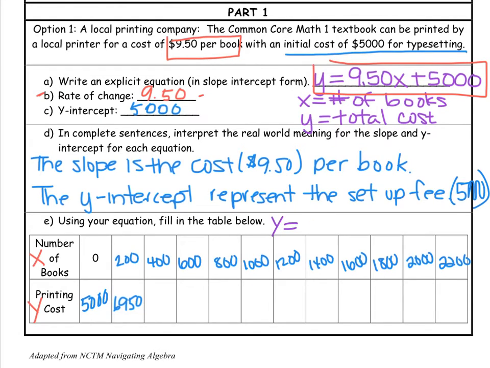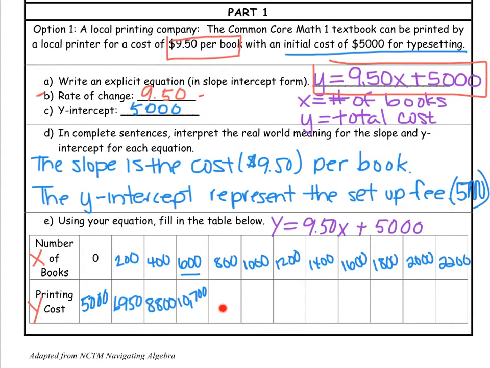Again, our equation is $9.50 times each book plus the setup fee of 5,000. So if we continue with that process, plug in 400 for x, we get 8,800 for y. Plug in 600 for x, we get 10,700. And this is dollars.